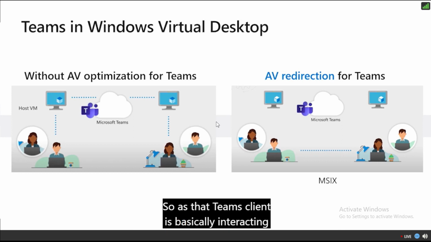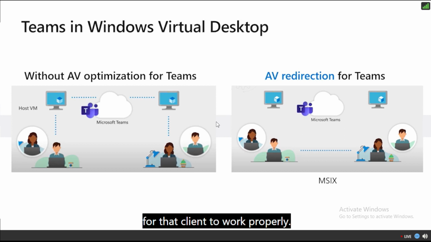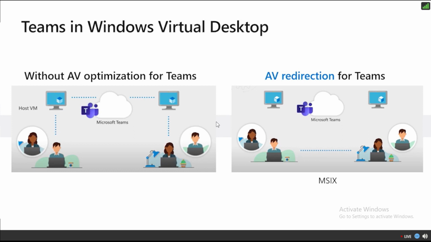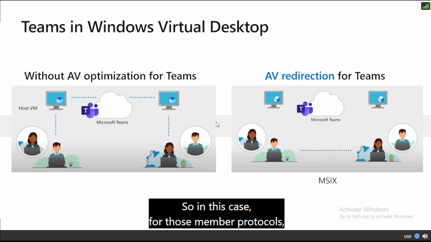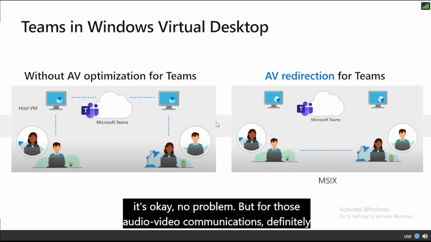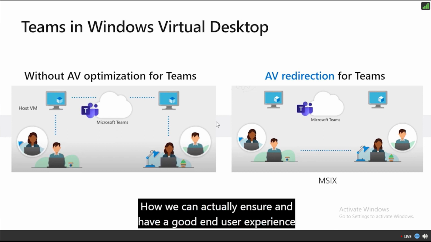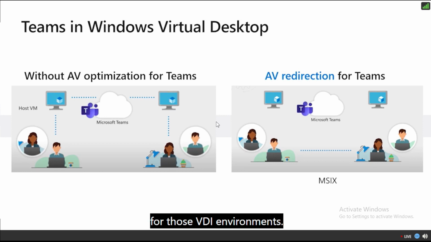As that Teams client interacts, now you know the different types of protocols we require for that client to work properly. For those non-RTC, non-real-time communication protocols, it's okay, no problem. But for audio-video communications, it's definitely a good idea to keep optimization in mind, to ensure a good end-user experience in those VDI environments.